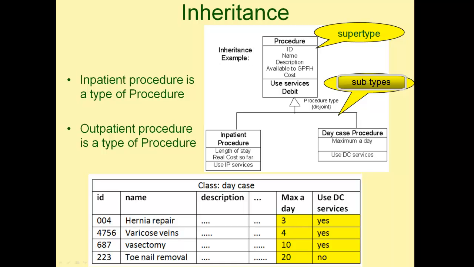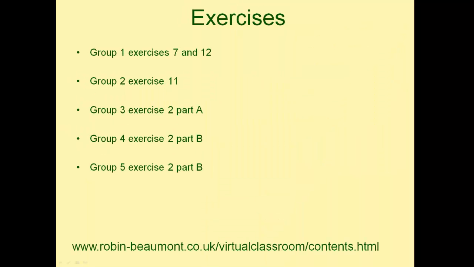So can you see that you might actually not have any instances of procedure. It's known as a virtual class, but we only have instances of inpatient procedure and day case procedure. We just use procedure as an additional way of saving us specifying those attributes and methods that are common to both subtypes.